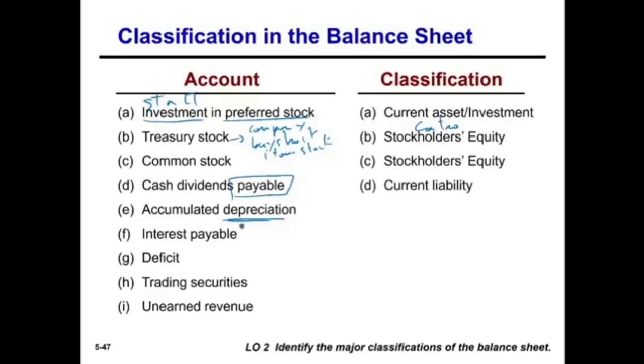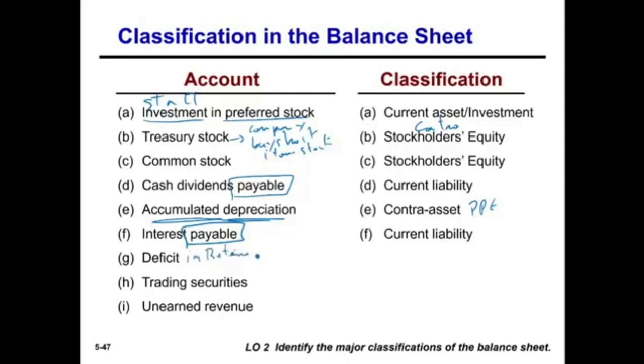Accumulated depreciation is a contra asset, and it goes under property, plant, and equipment, PP&E. It's a long-term asset. Interest payable, we know from payable it's a liability, and when you owe someone interest, they want it fairly quickly. A deficit, and this is what they mean, deficit in retained earnings.